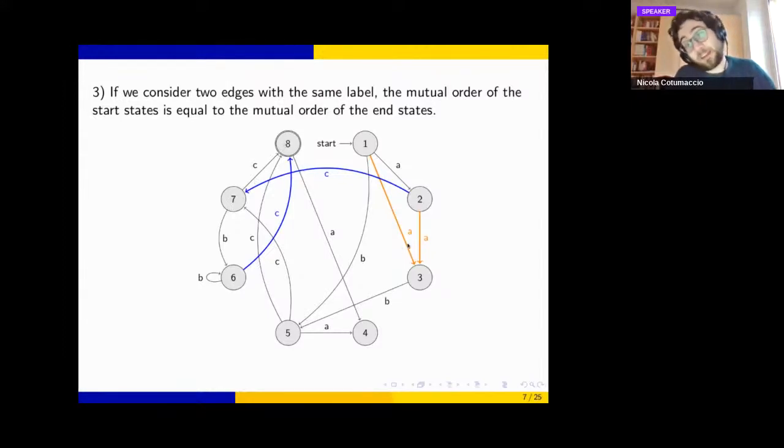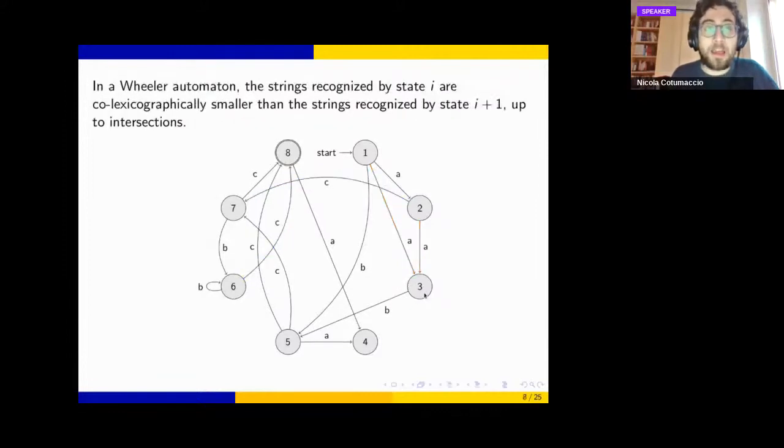There is also this other example here with letter A. I use this example just to show that the definition is also consistent with a situation where I actually reach the same state. So in general, I just require that if this is smaller than this, then this state should be smaller than or maybe equal to this one. So this situation is consistent with the definition of Wheeler graph.